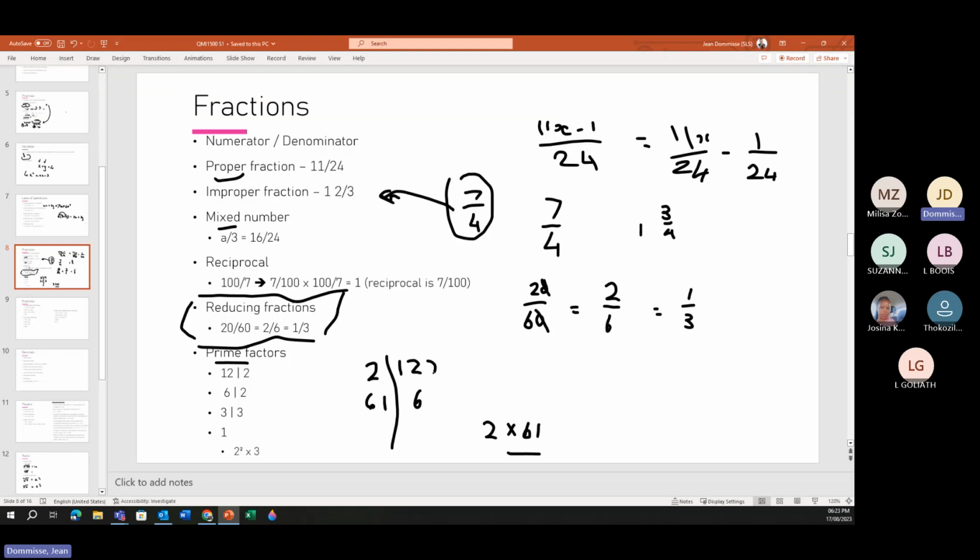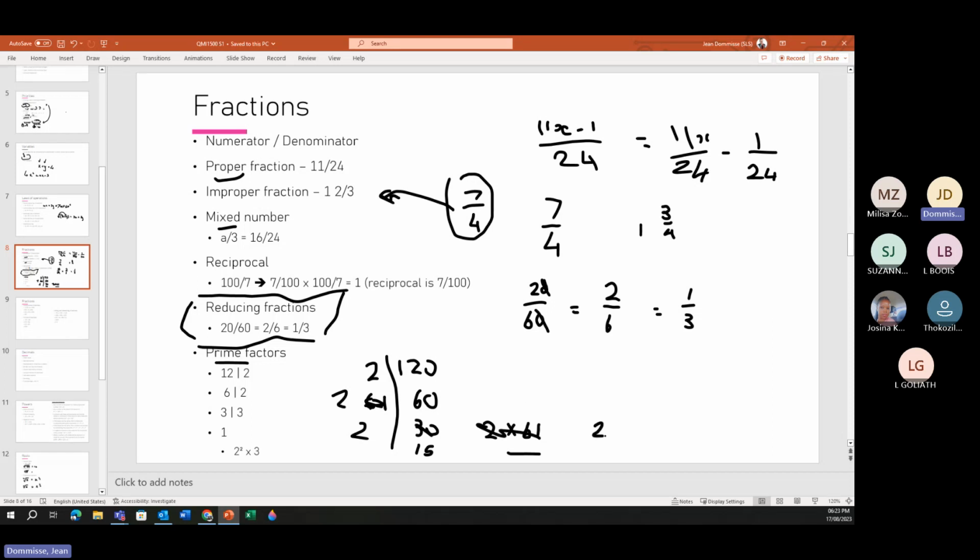Okay, so let's say it's 120. 2 goes into 120, 60 times. Then 2 goes into 60, 30 times. 2 goes into 30, 15 times. Okay, so 2 can't go into 15.